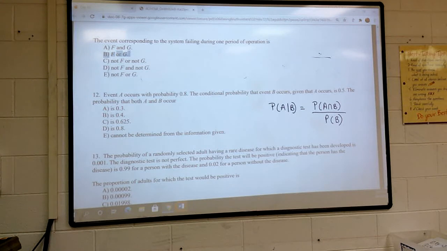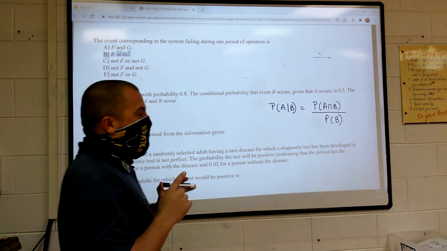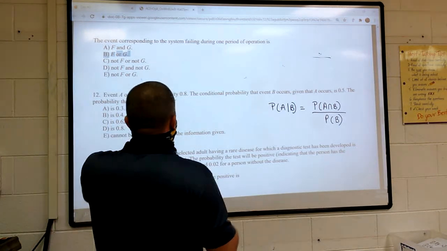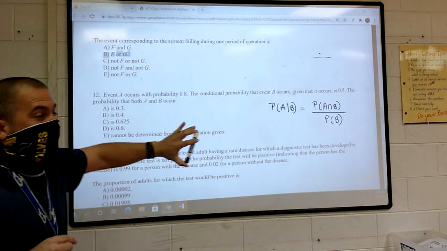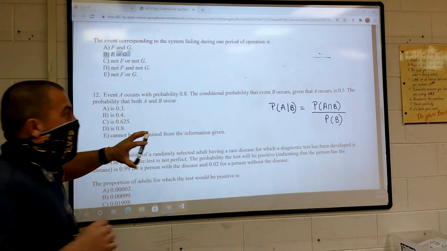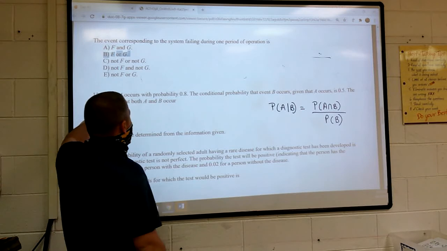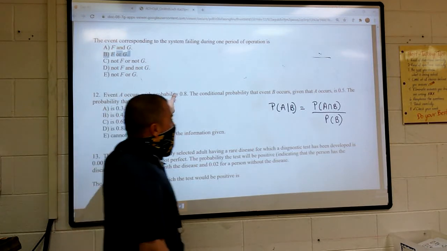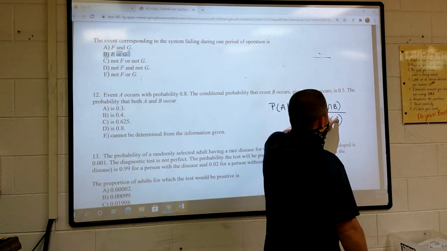Now, in this problem specifically, we actually want to do this one backwards from what they give you. This is the formula they give you on the exam, but here we know the probability that event A occurs, so I'm going to change it around.